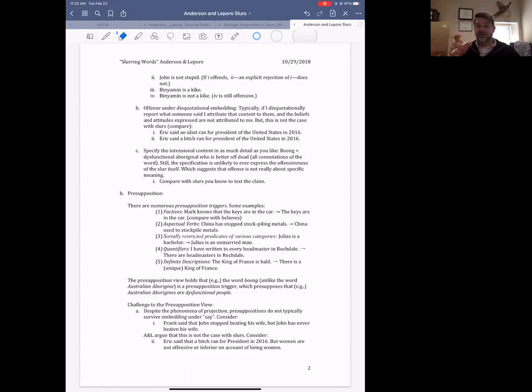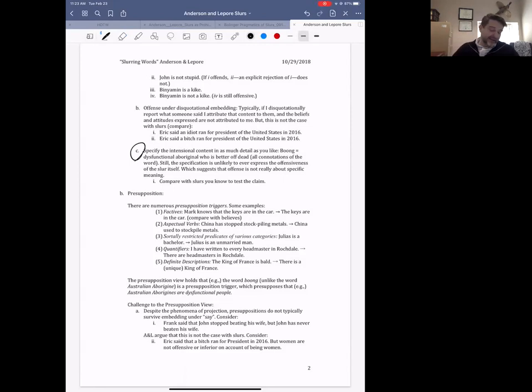I'm just going to skip down to the third one and say, it doesn't seem like it's content that is really doing the work, because if we lay out those ideas as clearly as possible, Anderson and Lepore have the intuition that it's still not as offensive as using the slur. So go into as much depth about the ideas expressed by this thing as you can. This is idea 3 or C here. And still, it's not going to be as offensive as just saying the slur word.